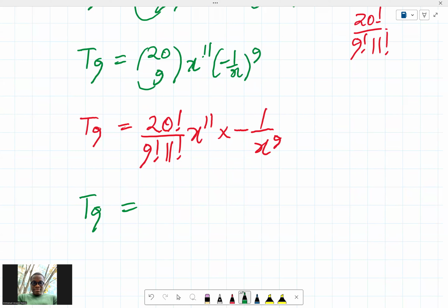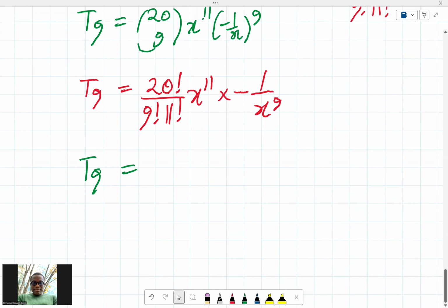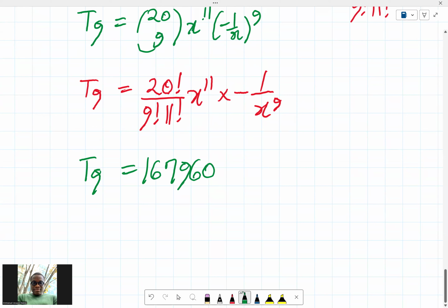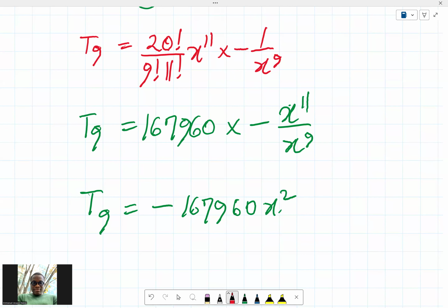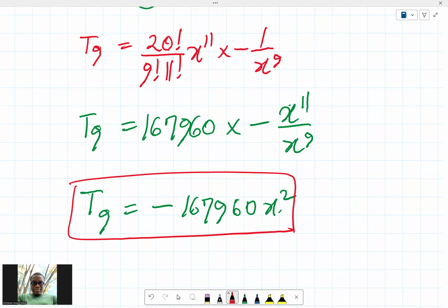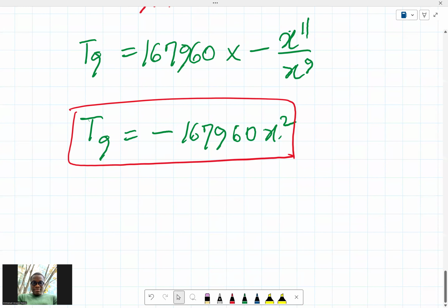Okay, 20 combination 9 is 167,960 times minus x raised to 11 over x raised to 9. So T9 is equal to minus 167,960 x raised to power 2. Okay, so this is the 10th term.